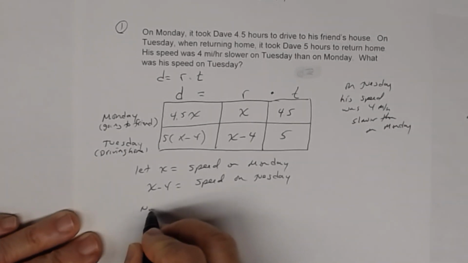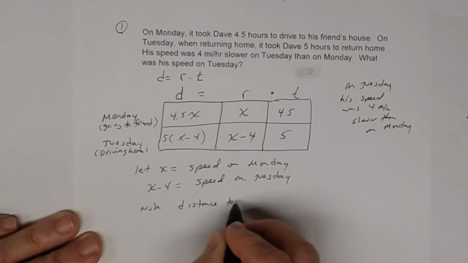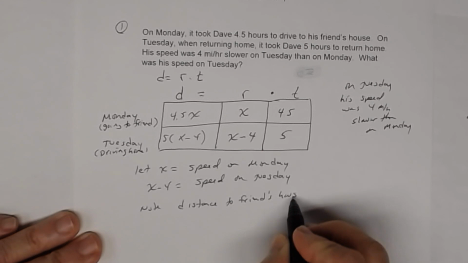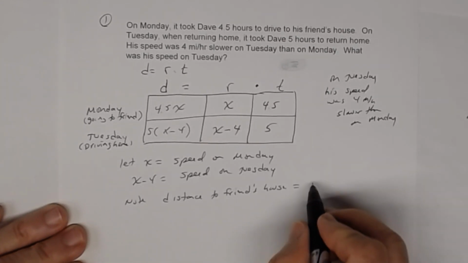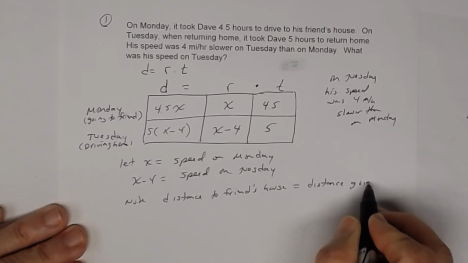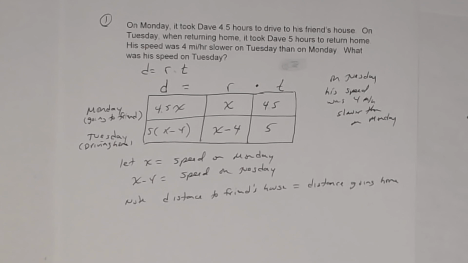So note the distance to friend's house has to equal distance going home. Now again, that's assuming he takes no other route.